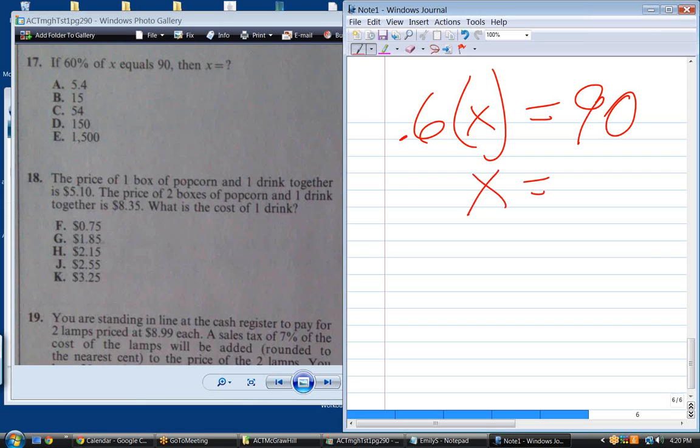Divide by 0.6: 90 divided by 0.6. What's 90 divided by 0.6? You can use your calculator, but you don't really need to. What's 90 divided by 6? 90 divided by 6 is 15. It's 1.5, which means 90 divided by 0.6 is 15.